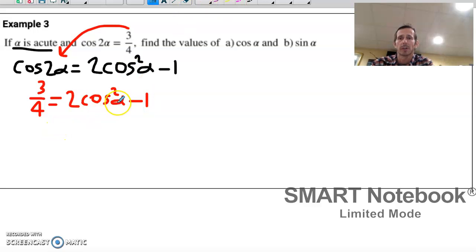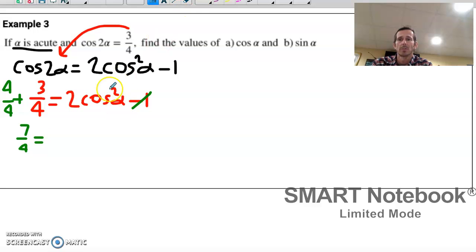I'm solving for cosine of alpha, so I've got to add 1. If I come over here and add 1 to this, to have a common denominator that would be the same as adding 4/4. So this side becomes 7/4. And that equals, again, the 2 cosine squared alpha.